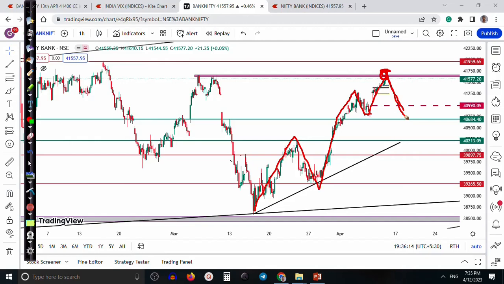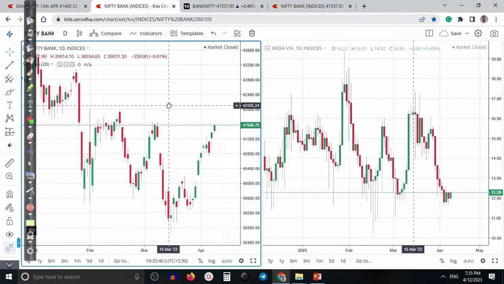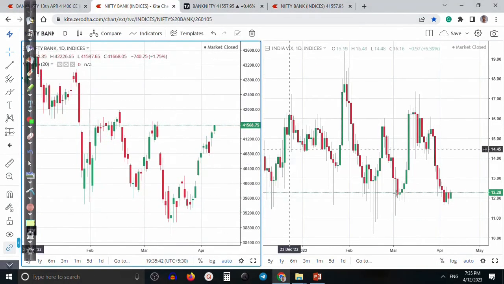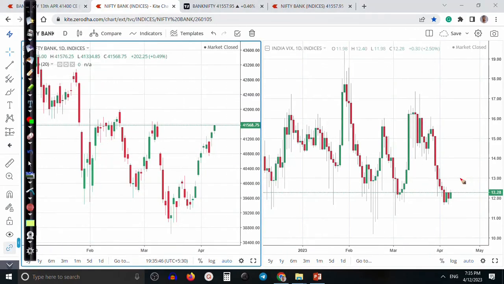So I'm just waiting for a short. I need a confirmation to take a sell position in this area. So another confirmation, let me show you here. A very interesting pattern is forming. So here I can see basically what happens when VIX goes up, price drops.